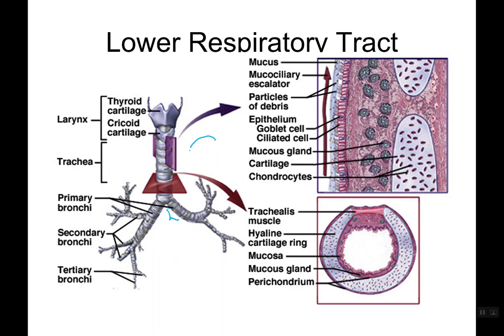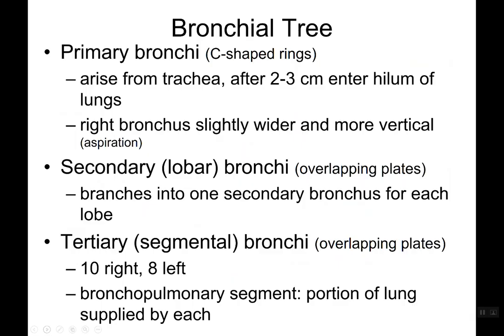I'm going to draw an imaginary lung outline here. There we go. The right bronchus is ever so slightly wider and a little bit more vertical. And so it tends to be the case that if something is aspirated, like a bit of food or some such, it usually ends up in the right bronchus rather than the left.